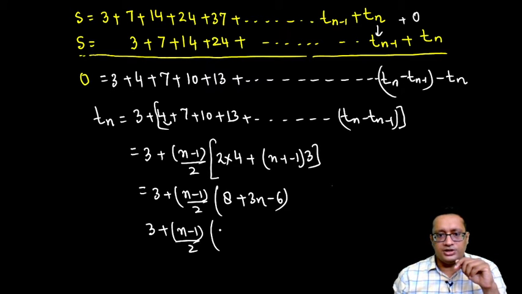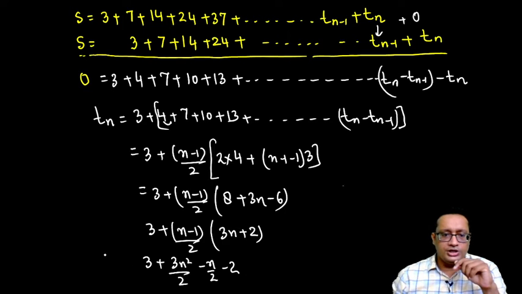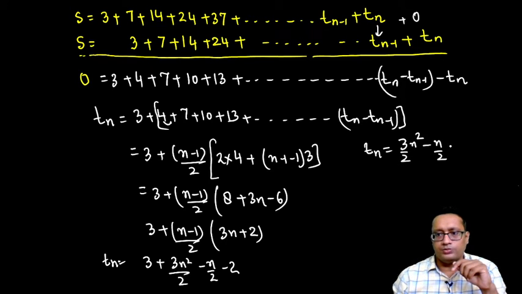Multiply it: 3n square plus 3n minus 3n minus 3, by 2. See here, this becomes 3n square by 2 minus n by 2. So Tn is equal to, I am writing here, Tn is equal to 3 by 2 n square minus n by 2 plus 1.